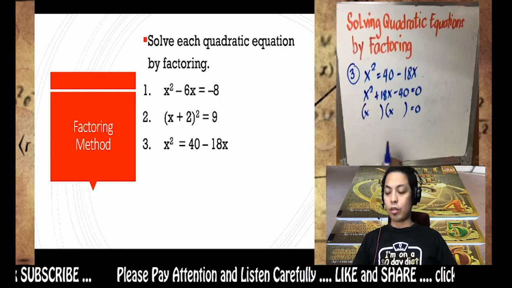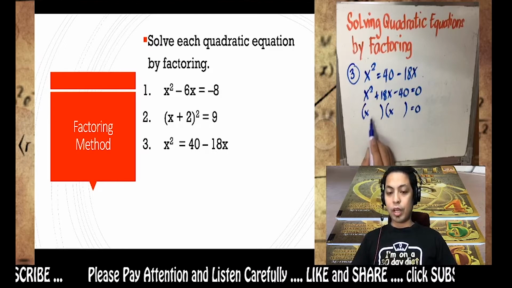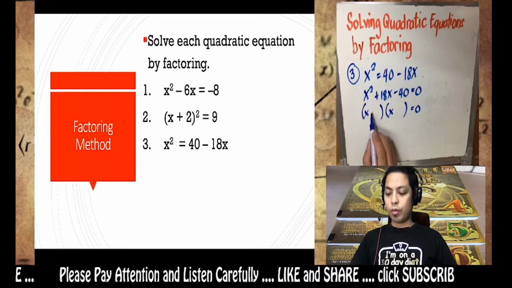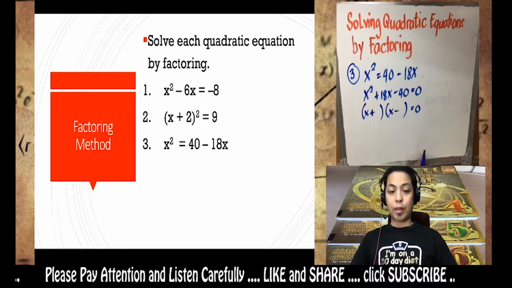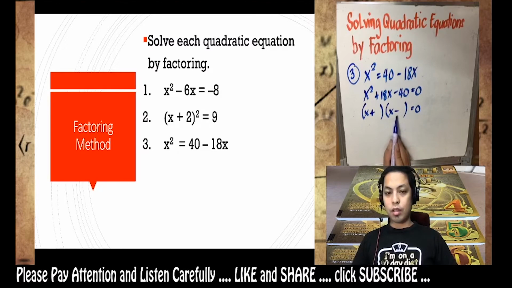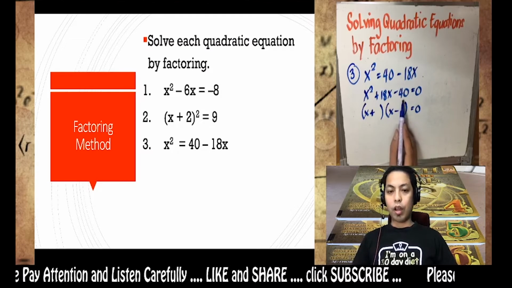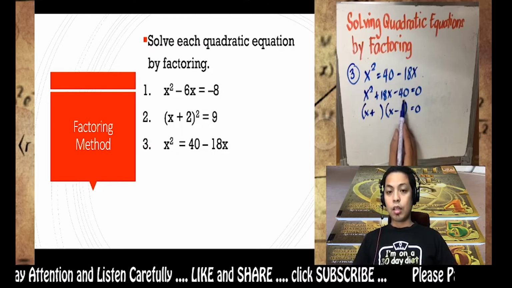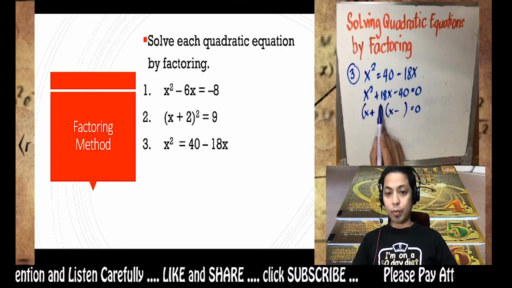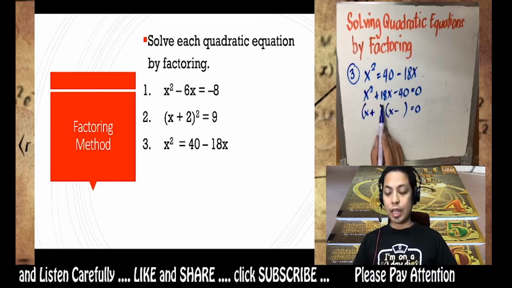So, there are chances na positive, negative, or negative, positive. Either way, pwede natin ilagay muna hanggat wala pa siyang value. So, I put positive here and negative here. Pwede naman siya magkabaliktad. Now, what are the factors of 40 na pwedeng maging basis natin sa linear term na magiging 18 pag minus or inadd natin?